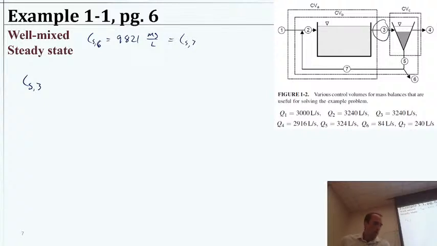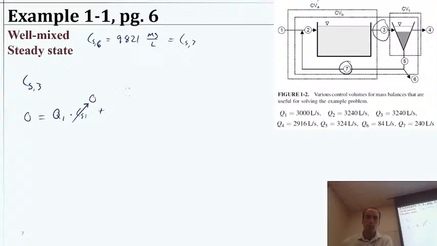So with that, we can do one more mass balance, and this time we need a different control volume. Maybe you could use that one, or you might be able to use that one. I went ahead and used control volume A for this to say 0 is going to be what's coming in, Q1 times CS1, which is 0, plus what's coming in from Q7.